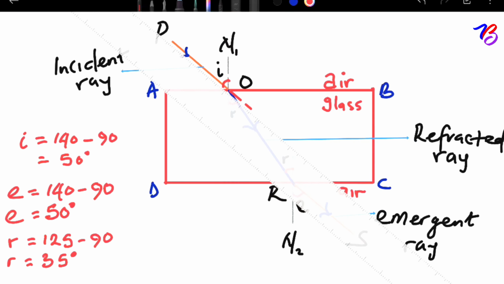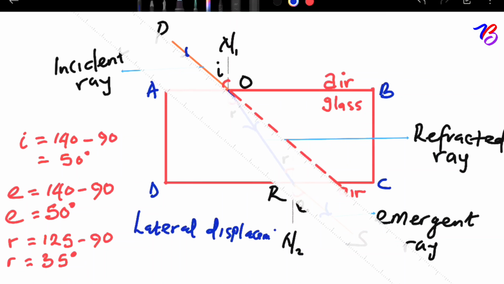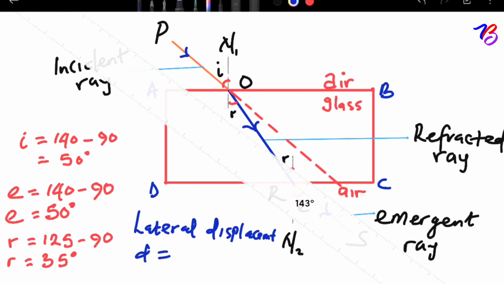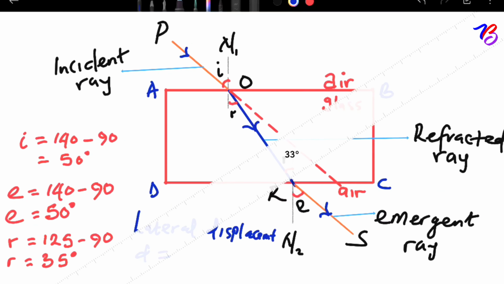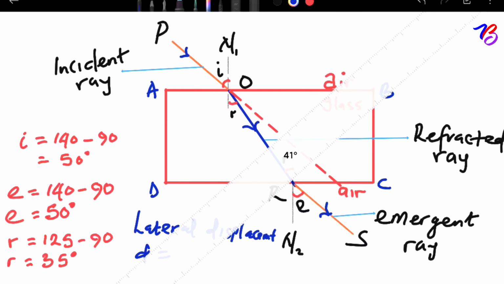So recall that light travels in a straight line, right? So the incident ray is meant to travel this way. So if you observe, you see that there is a deviation. Okay? Then we have what we call lateral displacement. Lateral has to do with straight line, the lateral displacement. How do you get this D? You get it from the point at which your N2 and E meets.